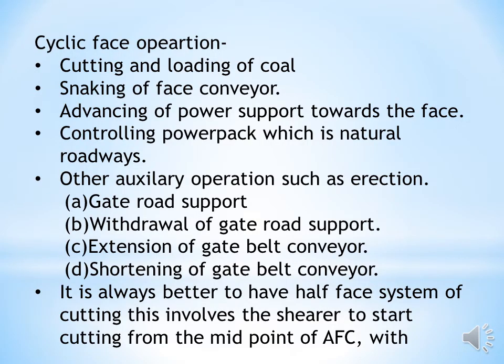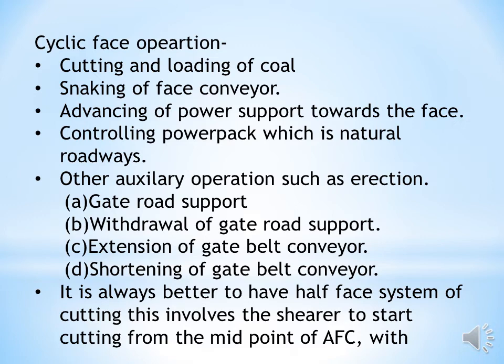Next point is cyclic face operation. What is cyclic face operation? Face operation means we extract a face as we advance and come back, or retreat. It is called one cycle.